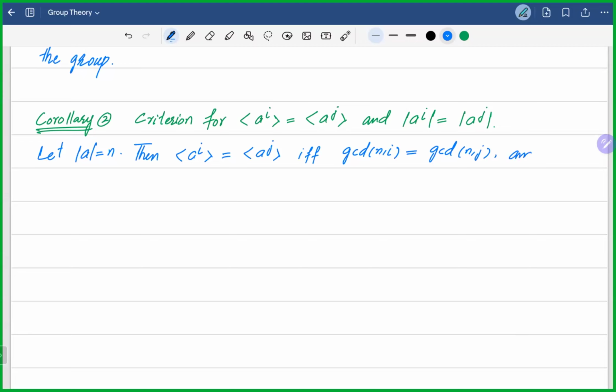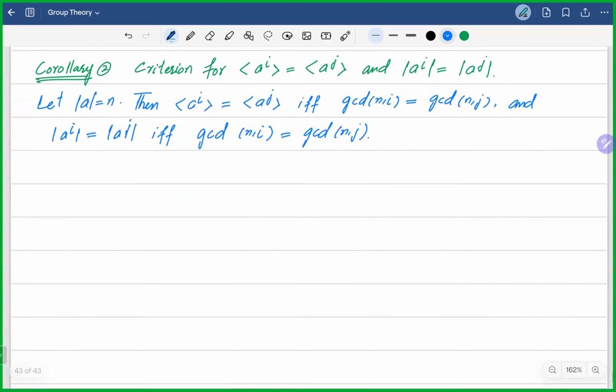And the order of a^i is equal to the order of a^j if and only if the GCD of n and i is equal to the GCD of n and j. Okay, and we can actually prove this corollary.